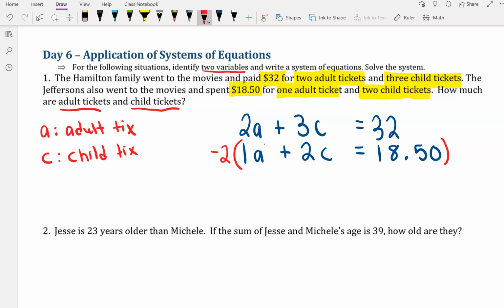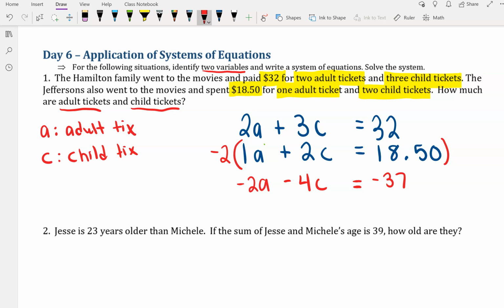So -2 times 1A is -2A. -2 times 2C is -4C. And then -2 times 18.50 is -37. So that's what I got when I multiplied that second equation by -2.